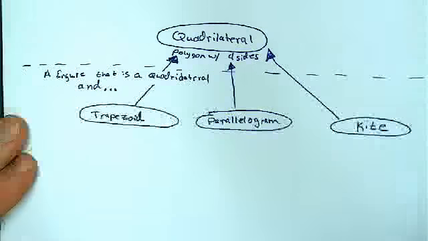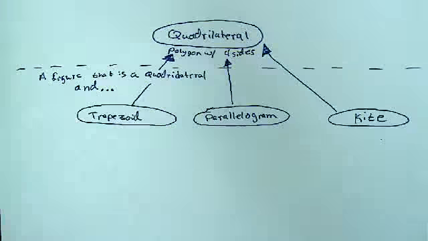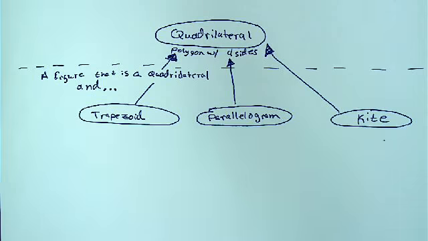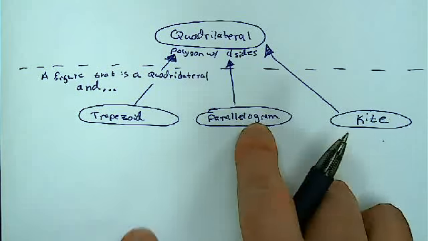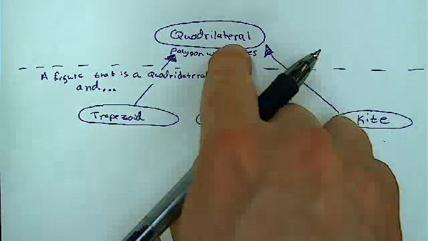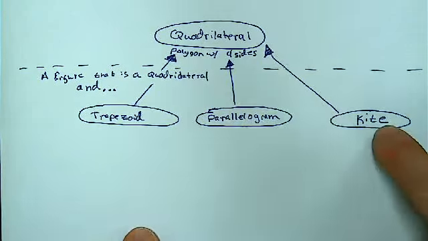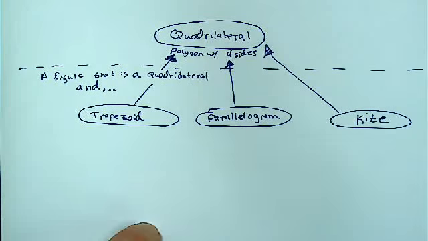Now, there's always a bit of a fun debate about these arrows. Should the arrows point up or should they point down? The reason that mine point up is in that same context that we use with the conditional statements. If a figure is a parallelogram, then it's a quadrilateral. If it's a kite, then it's a quadrilateral.